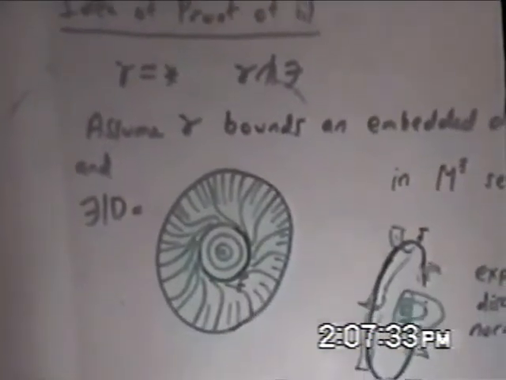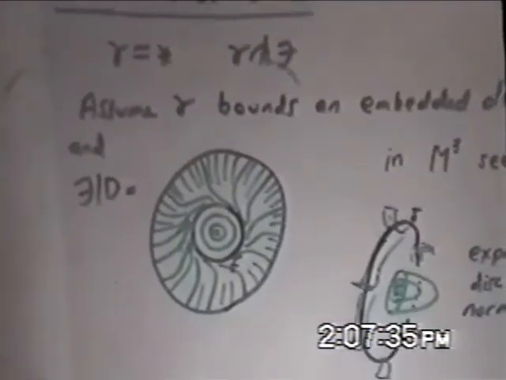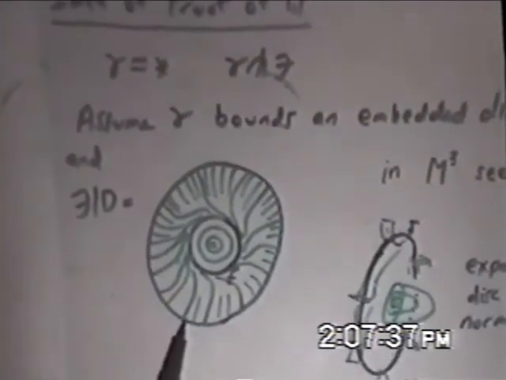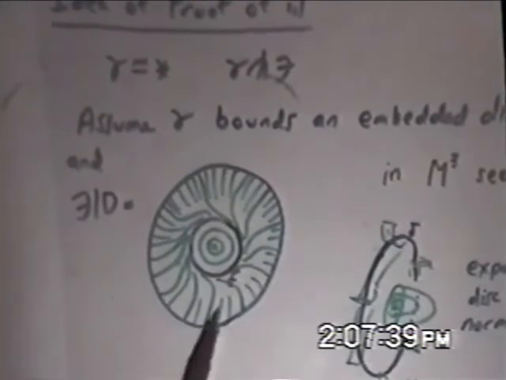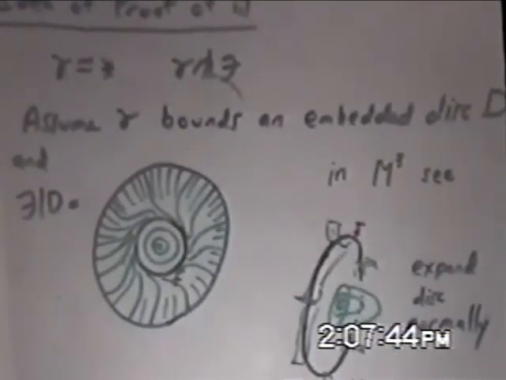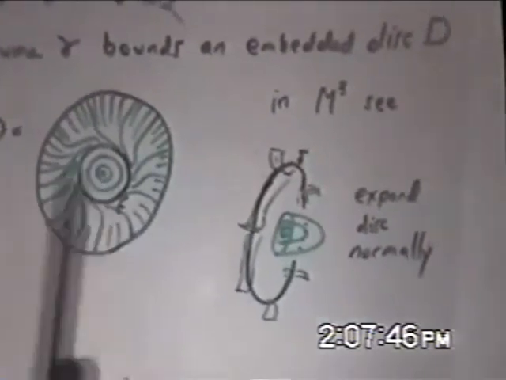So just like with Haefliger, you look at the induced foliation on this disk. And maybe if you're really lucky, the foliation will look like this.